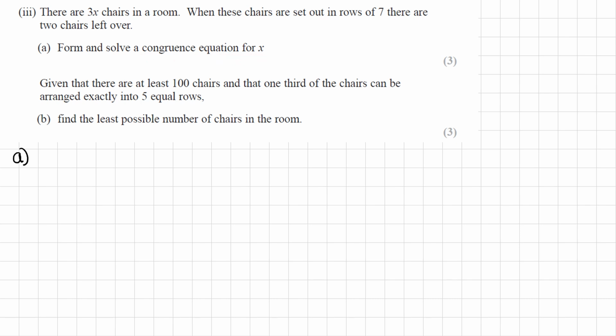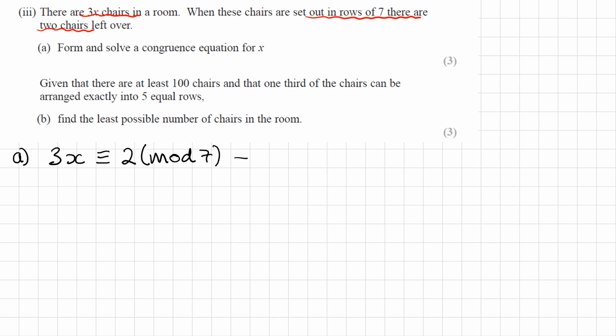Okay, so let's have a look at the information that we've been given. We have there are 3x chairs in a room. They're set out in rows of 7, and then there are 2 left over. So the number of chairs in the room, 3x, is congruent to a remainder of 2 left over when we do modulo 7.